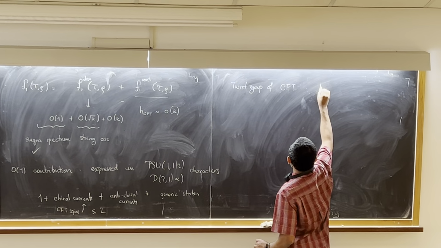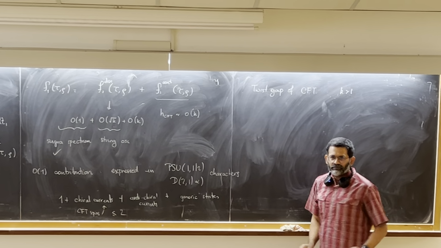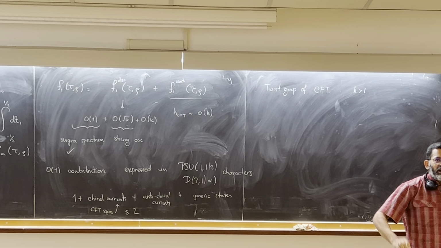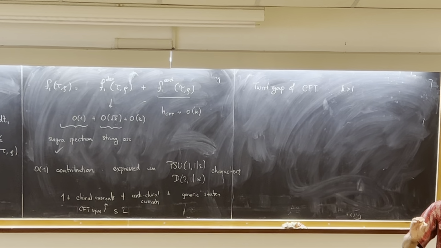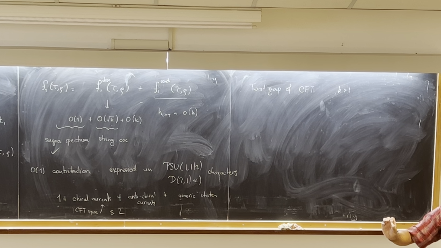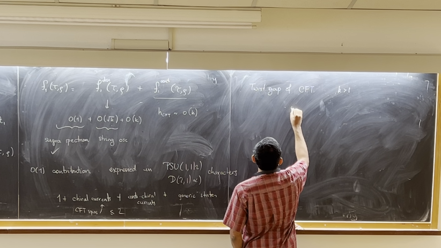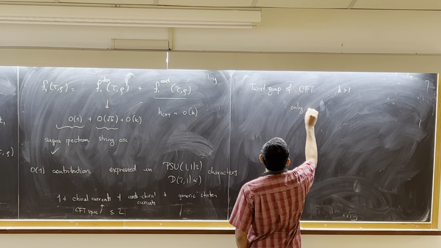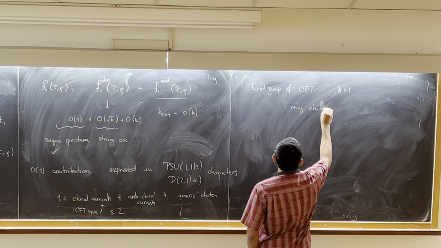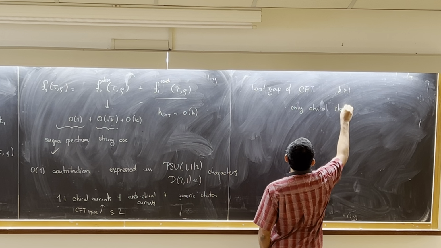For k strictly bigger than 1, which means not necessarily in a supergravity regime, but k is very, very large, but as long as k is just above, the AdS size is just above the string scale, I can make the following statements. Only chiral states are boundary gravitons.